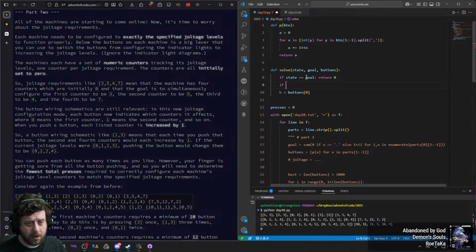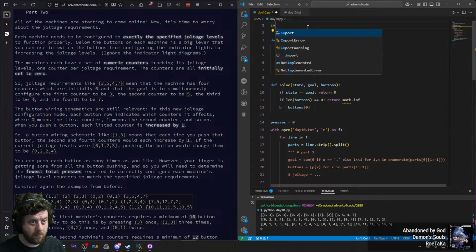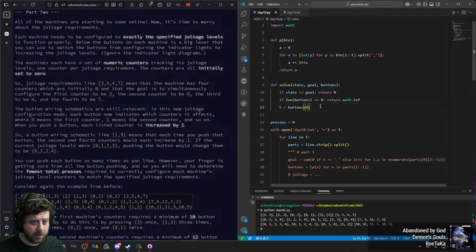If the length of buttons is 0, return math infinity. No way. Otherwise, we're going to extract the first button.